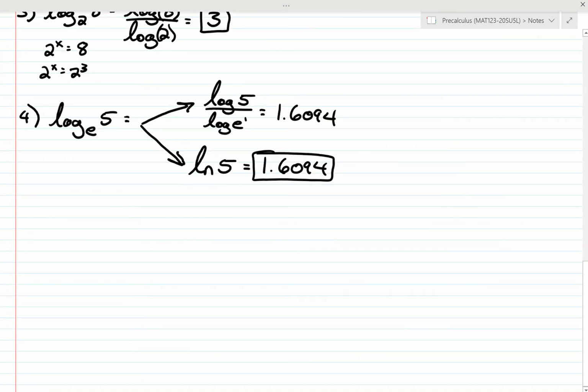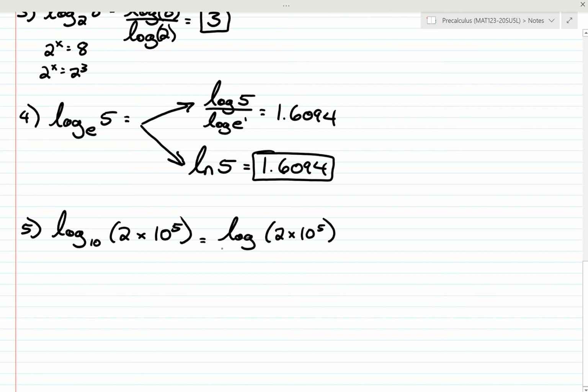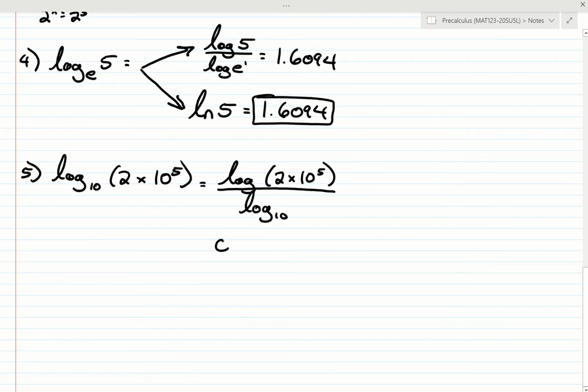One more problem, how about something like this? What if it was the log base 10 of 2 times 10 to the 5th? Well, we could just type this into our calculator, right? Type in log of 2 times 10 to the 5th divided by just log 10, or remember, we don't even need that 10 there.